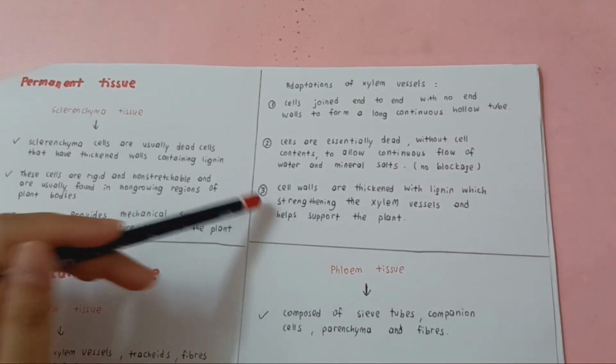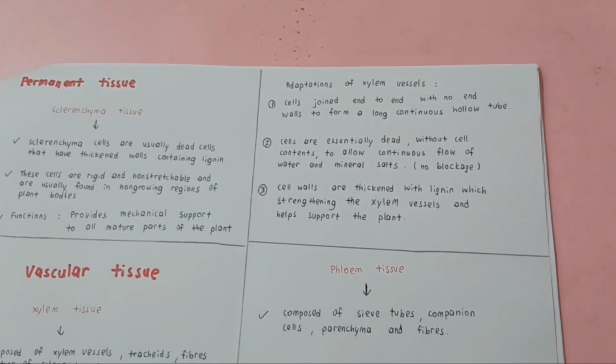Next one, the cell wall of the xylem vessel are thickened with lignin, so the xylem vessel can be very strong, and then this helps to support the plant.